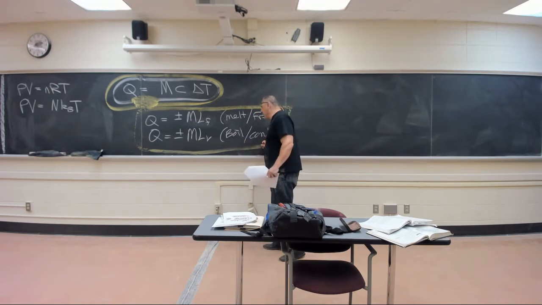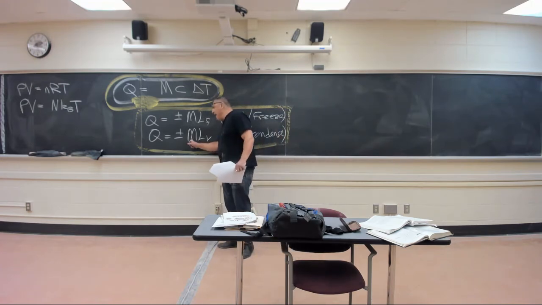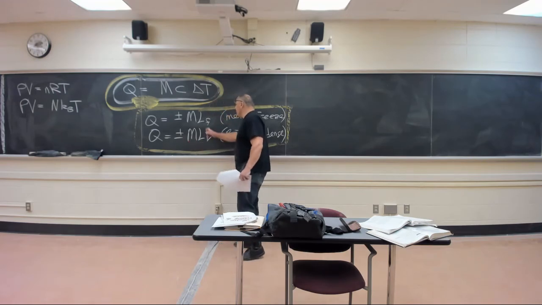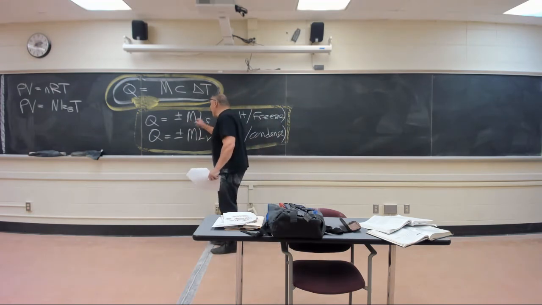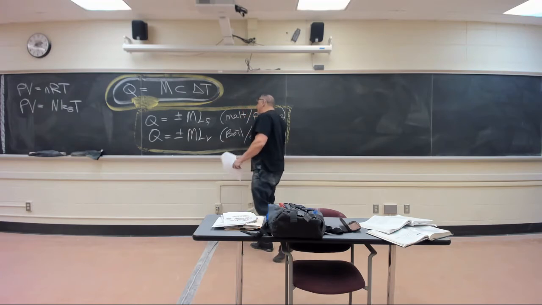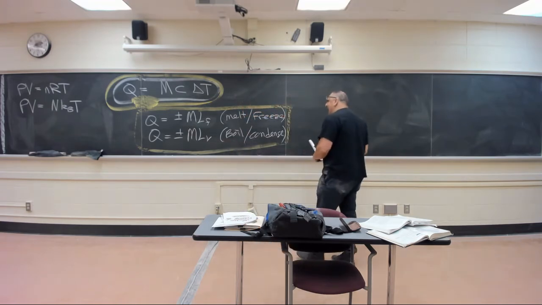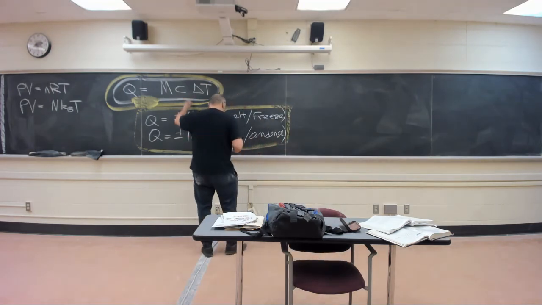You've got to take a lot of energy out, put a lot of energy in to make it boil. The more massive it is, the harder it is. Makes sense to me. This depends upon the substance under consideration. To melt something, if there's a lot of it there, you need a lot to melt it. If there's a lot of it there, you need a lot to freeze it. You need to take a lot out. So this is what they mean by the Q, plus or minus. It's right here.